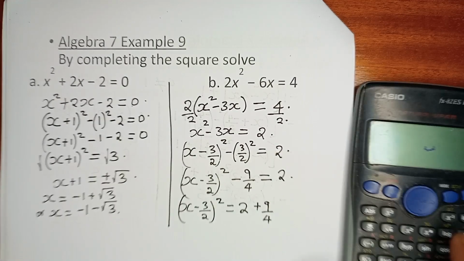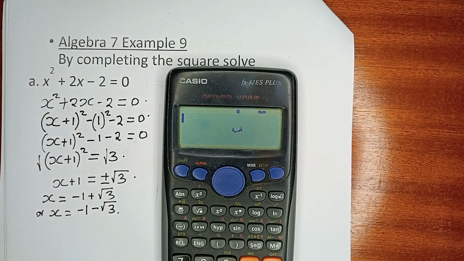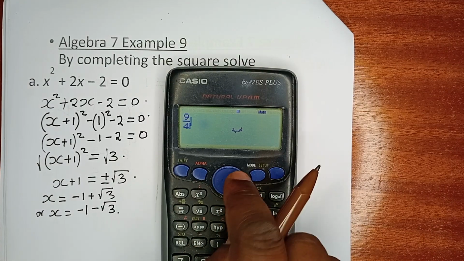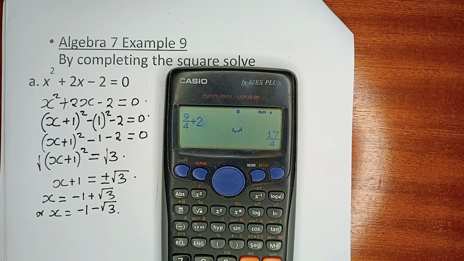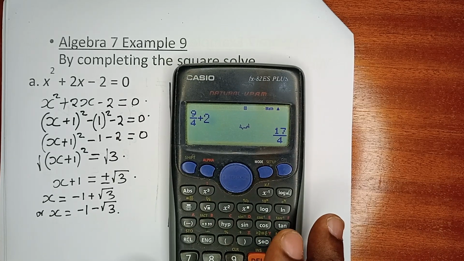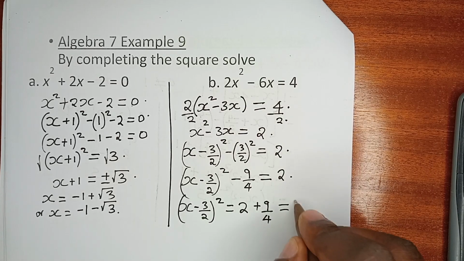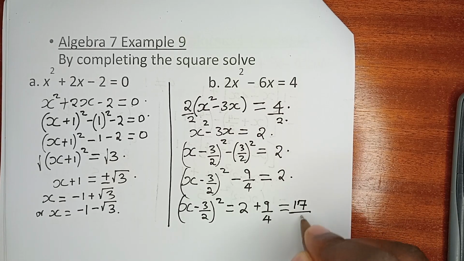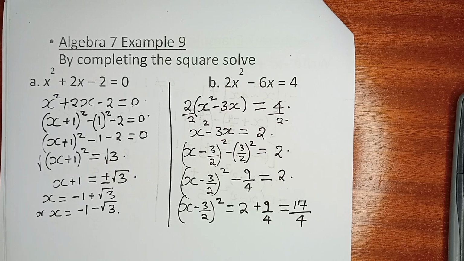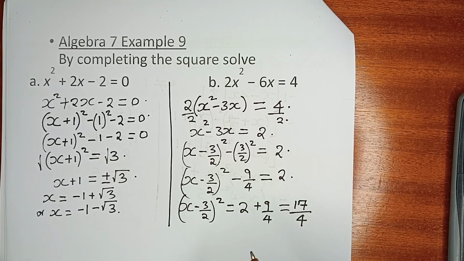What is 2 plus 9 over 4? Very fast. 9 divided by 4 plus 2 is 17 over 4. So we have it equals 17 over 4. Because we are looking for x, we need now to take the square root of both sides.